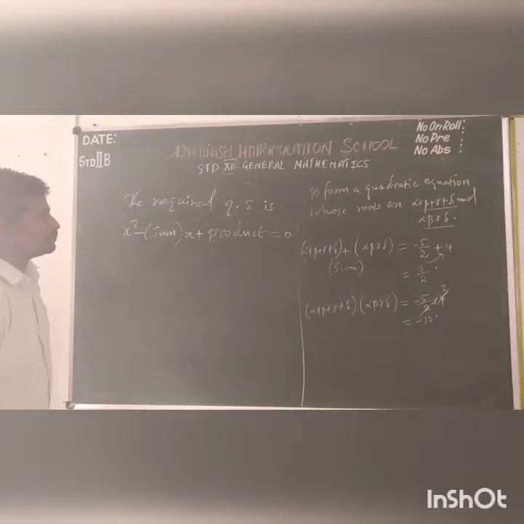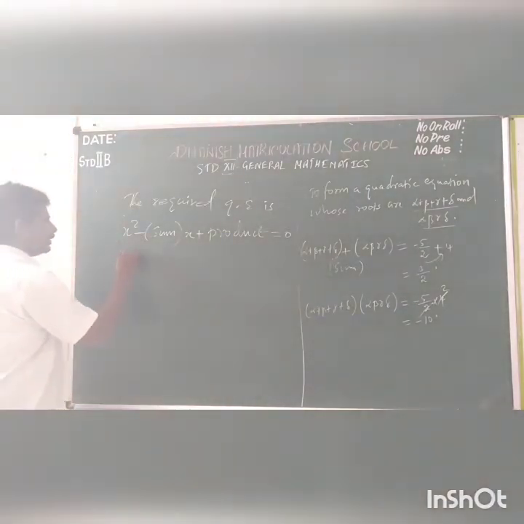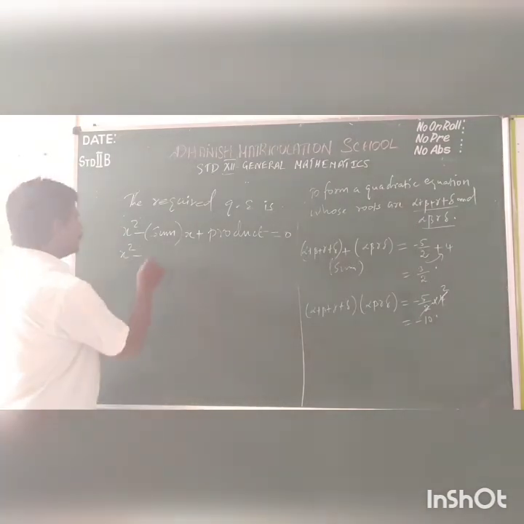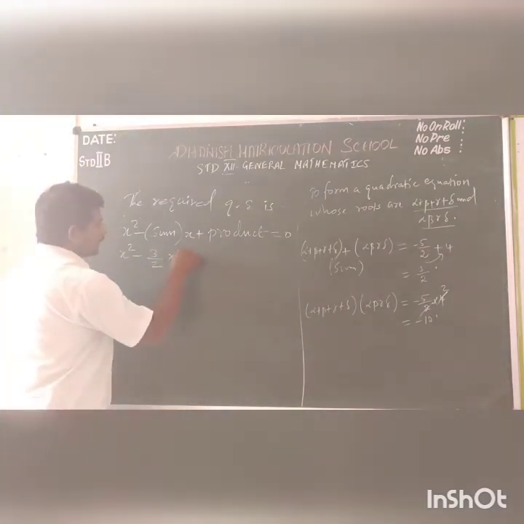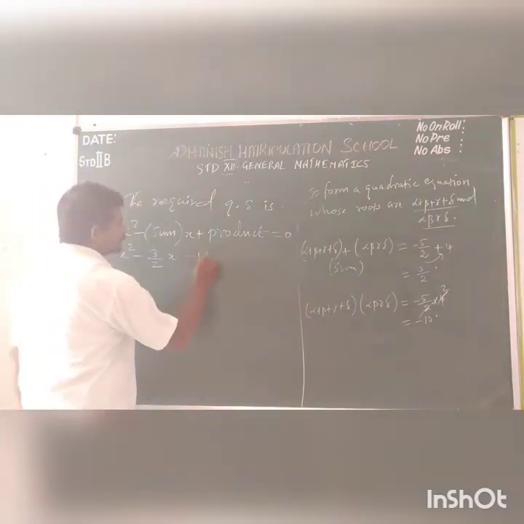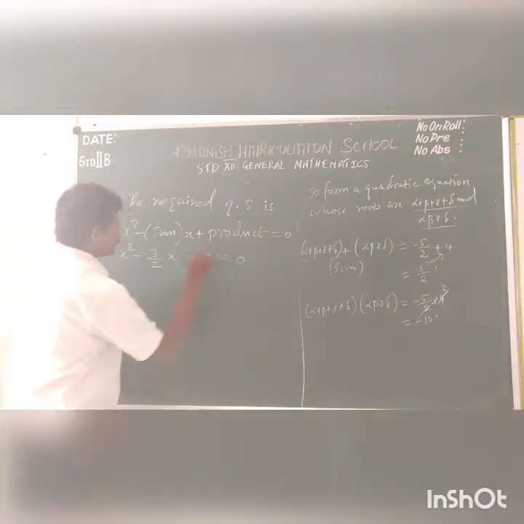Now I am going to substitute the values. x square minus sum. What's our sum? 3 by 2 into x plus product. What's our product? Minus 10 equal to 0.